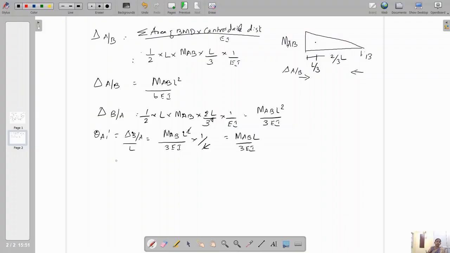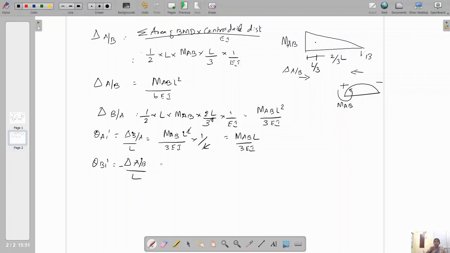Okay. Next one, theta B1 dash equal to delta A by B by L, but it is in negative direction. Already I have told the rotation is like this. The only direction MAB is followed as our assumed terminology. MBA is not in this direction, it is in the opposite direction. So here we have considered positive, at the other end we consider negative.